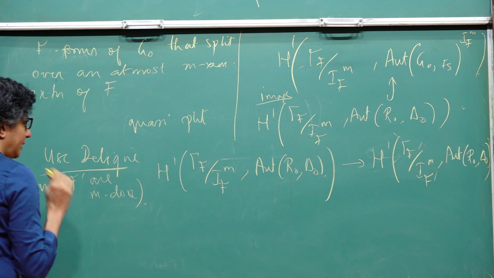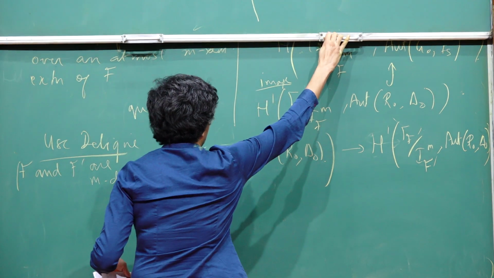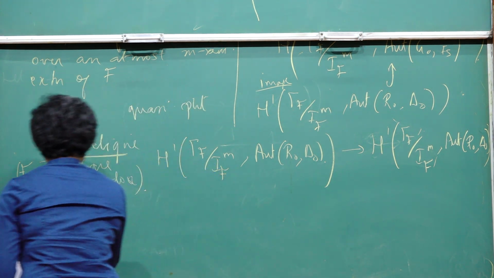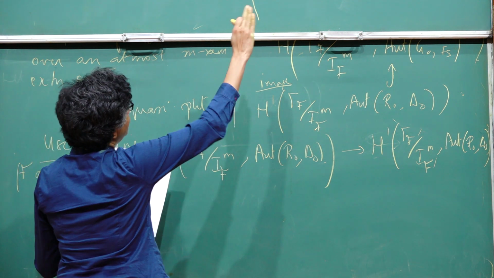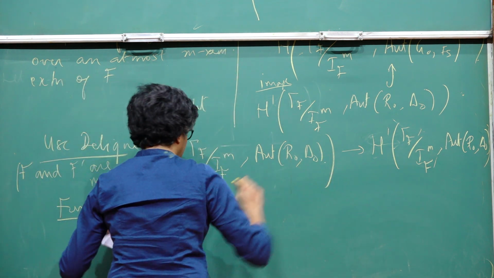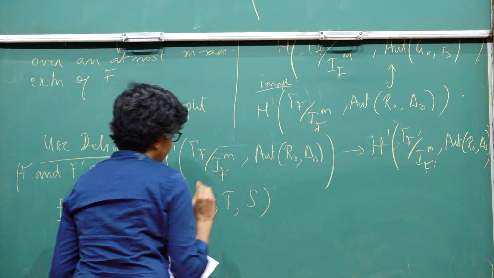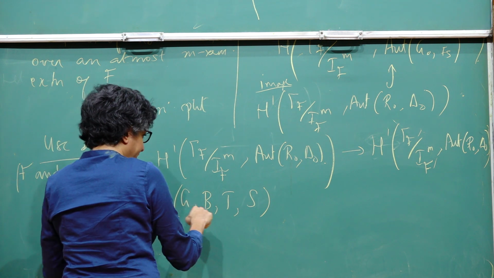Okay, and with this isomorphism you'll also be able to further: you start with the pinned datum, so this will give you both G, B, T, S. This is a quasi-split connected reductive group over F with a Borel.